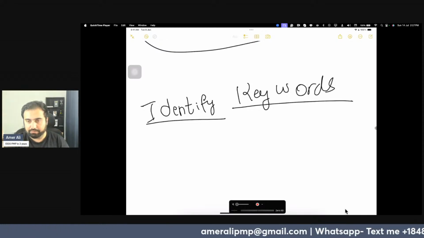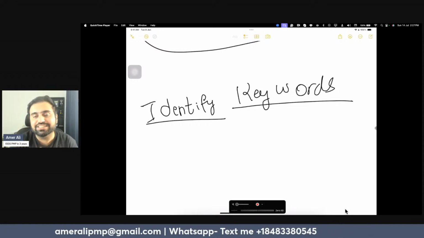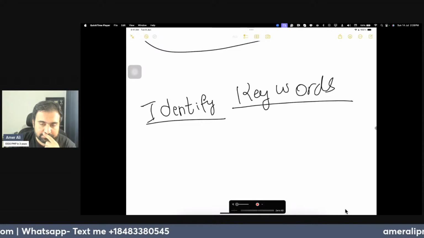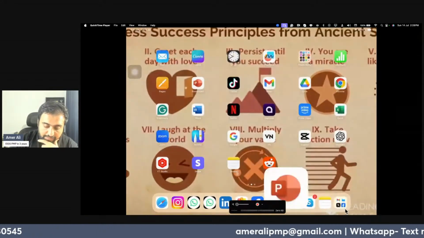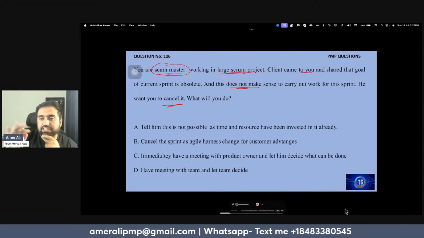So you should be able to identify the keywords. Why do I say that you must identify the keywords? What is the purpose here? Let me show you. When I read this question, I marked 3 to 4 keywords.